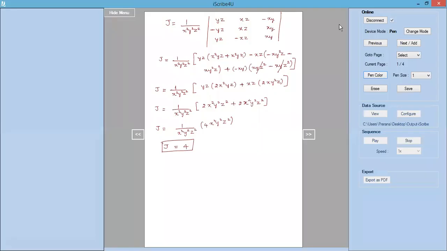Now we will take up the third problem. If x plus y plus z is equal to u, y plus z is equal to uv, z is equal to uvw, then evaluate dou of xyz with respect to uvw.